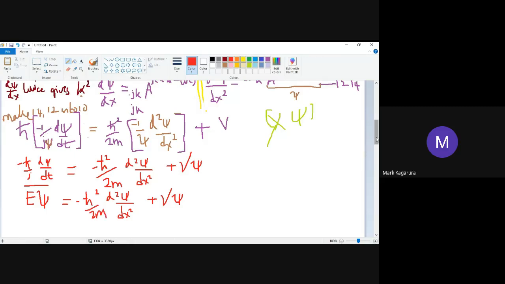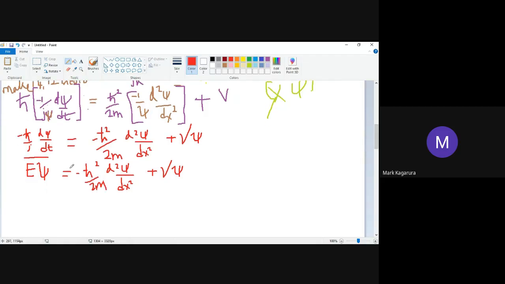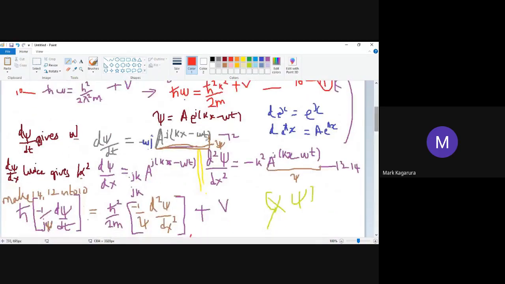So that is E psi. Now, because of this negative, there's a negative which came in, and that negative was because we had this negative omega. So it becomes negative E psi.